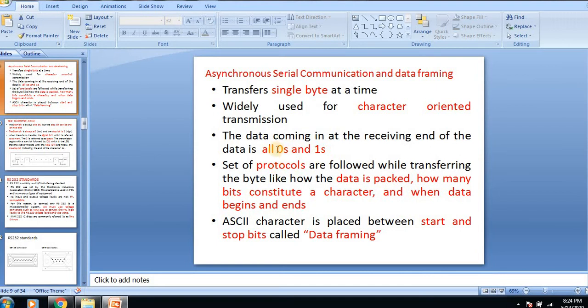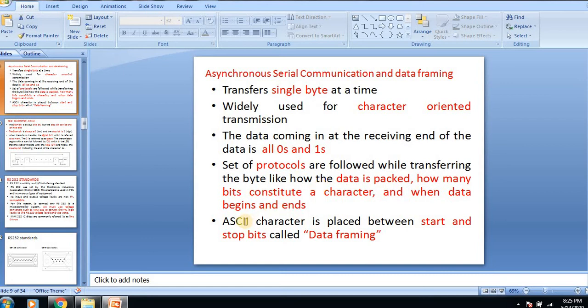Because the data is in the form of zeros and ones and we are transmitting bit by bit, we need to follow some rules, like how the data is packed, how many bits constitute a character, and when the data begins and ends. This is the critical part in asynchronous serial communication.